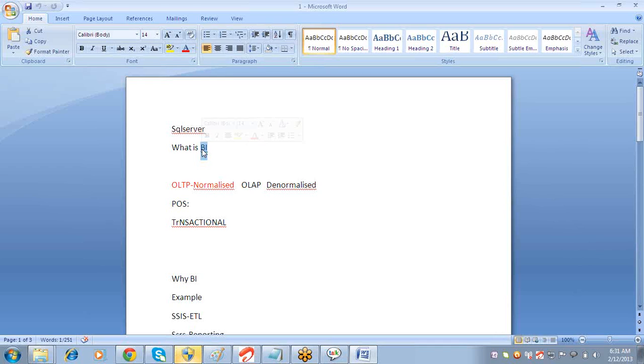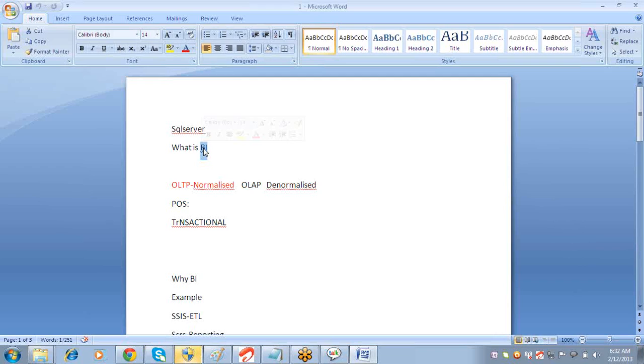SQL Server is a language which we use to communicate with the database. But what is BI? Business intelligence. It's all about business.